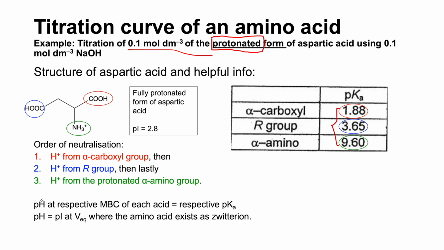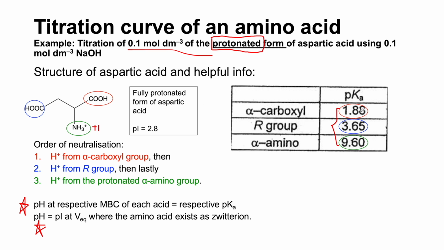And remember once again that the pH at the respective maximum buffer capacities equals the pKa, and the pH equals the pI at the zwitterion, at the volume where you have created the zwitterion. And for this one, if this is already a +1 in its fully protonated form, then one of these has to come off, so you could create a COO minus with a -1 charge.